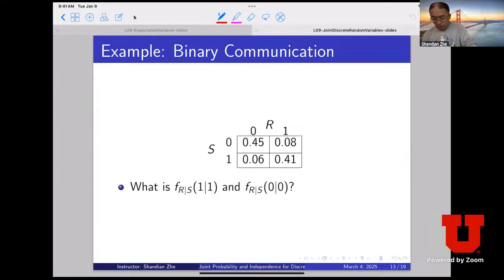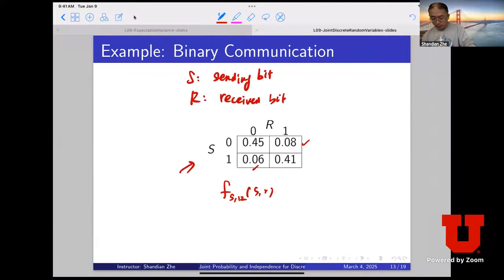So what is the conditional probability of R given S, where R takes 1 and S takes 1? From the definition, this is the probability that R takes 1 given S takes 1.